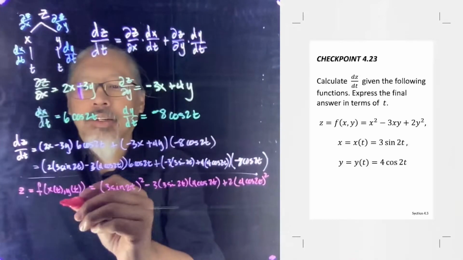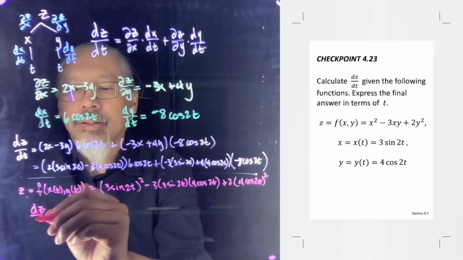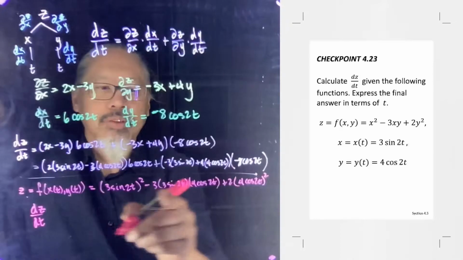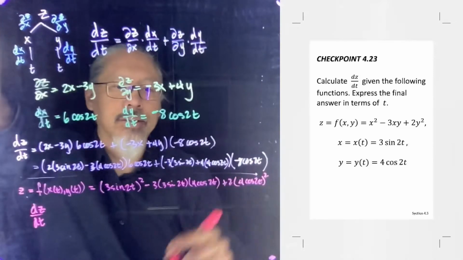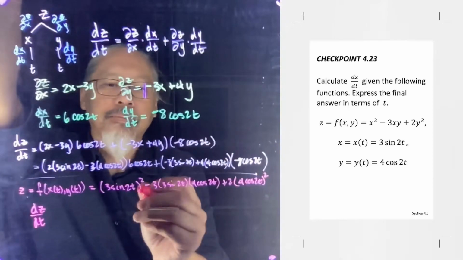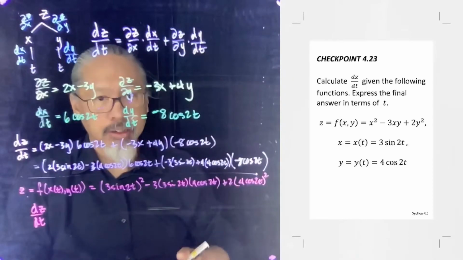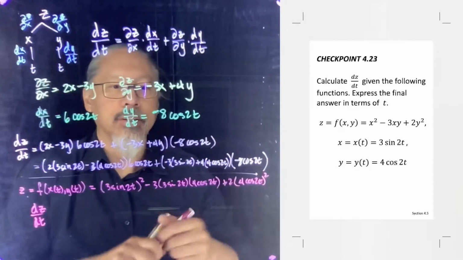So you could have had this scenario, and you could have taken the derivative of this thing, dz/dt, since z is really just a function of one variable t. Let me do a quick simplification here before I take the derivative.